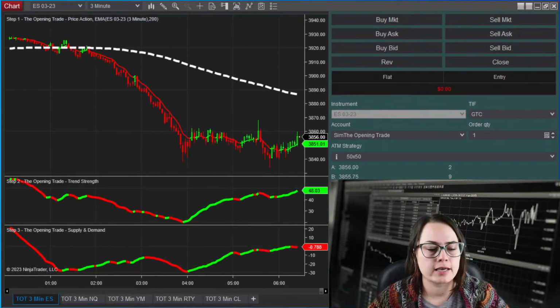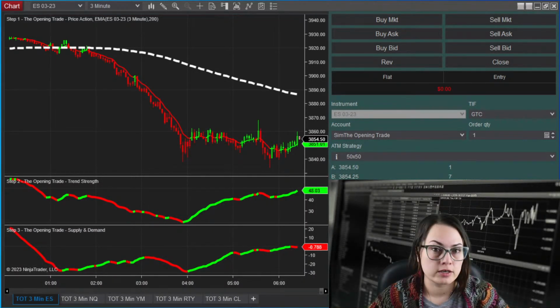So 2 minutes after the Russell, as long as the parameters are met, we could see two automated trades fire off at the exact same time. That would be for the ES, which is the S&P 500 futures, of course, and NASDAQ futures. So let's take a look at the NASDAQ.